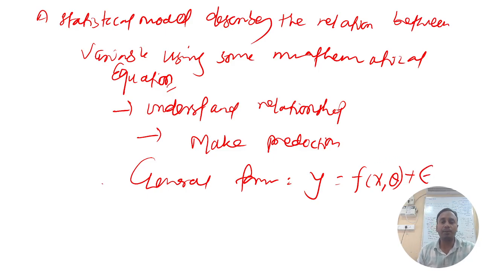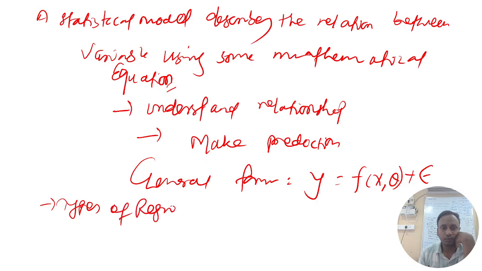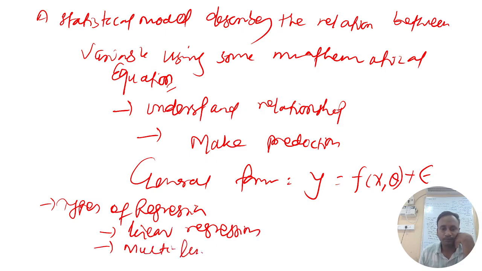So if we talk about simple regression, the types of regression are linear regression, multilinear regression, and then we'll come to logistic regression.